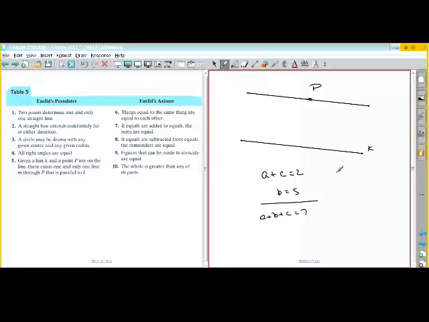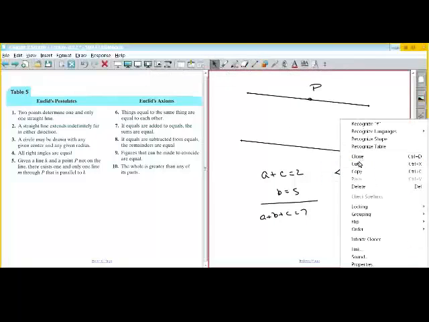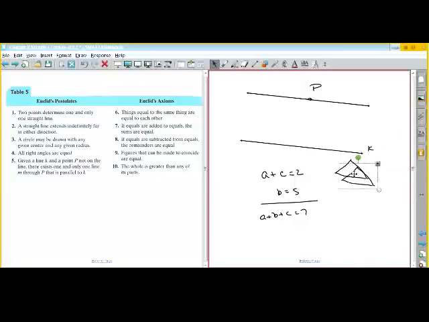Figures that are made to coincide are equal. What that means is if you have two figures and you can lay them on top of each other, like similar triangles, and you only see one figure, then they're equal to each other.